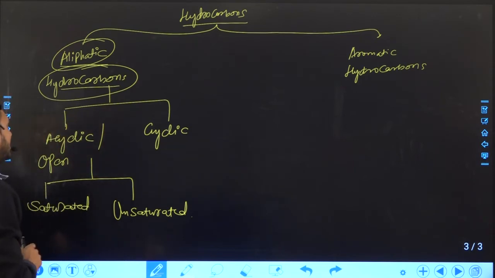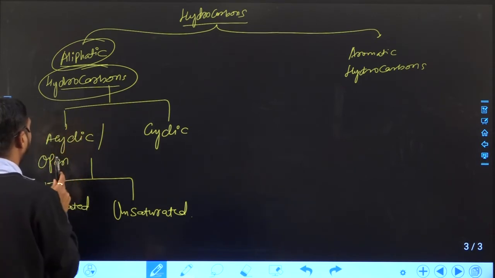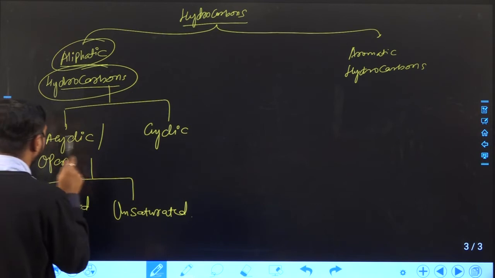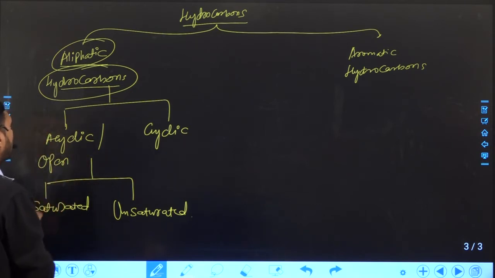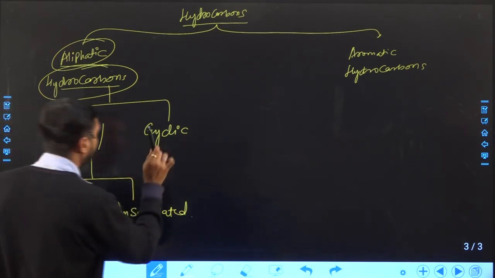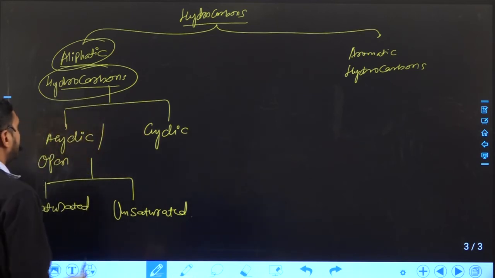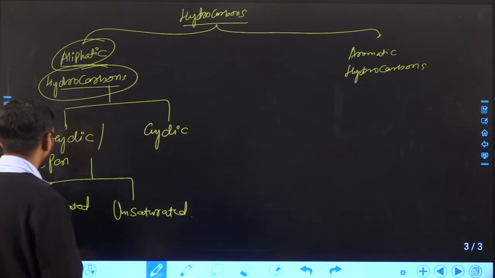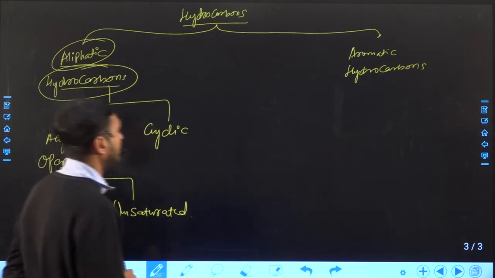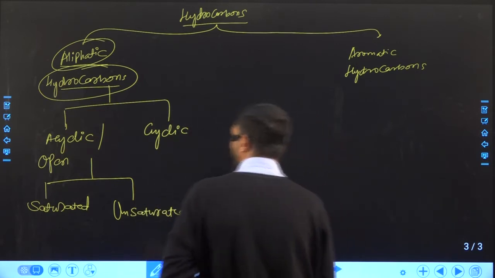Again, aliphatic hydrocarbon is divided into two categories, that is acyclic or open hydrocarbons and cyclic hydrocarbons. Now how can we differentiate between acyclic or open and cyclic compounds? Suppose we consider one example.